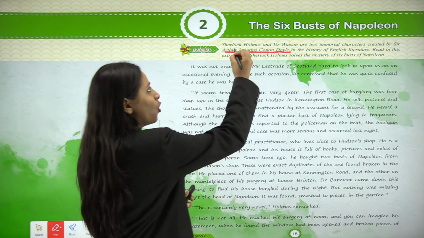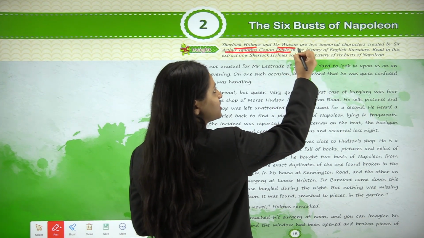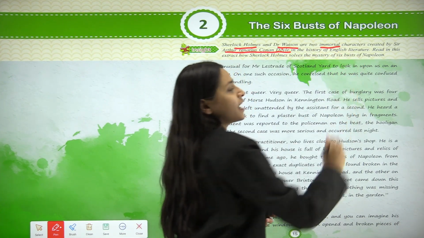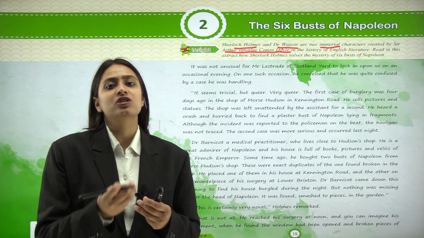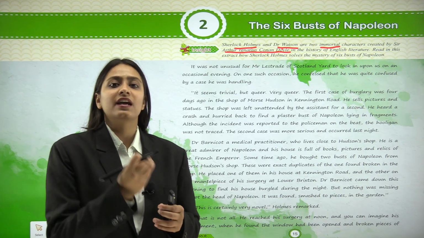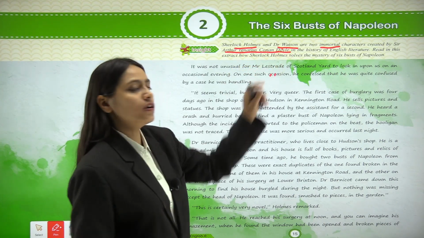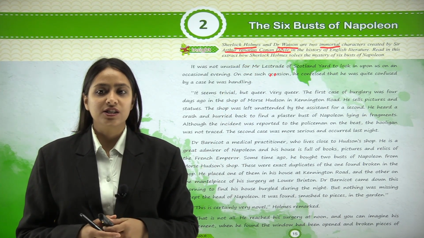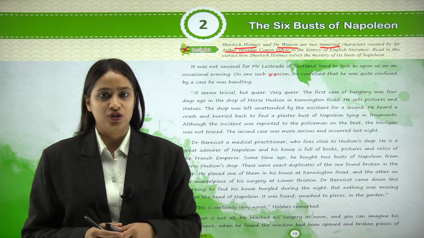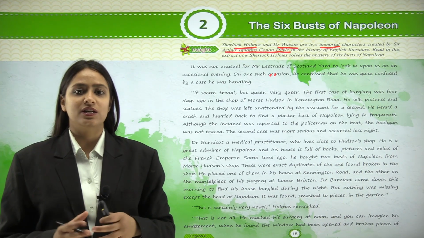So what do we mean by immortal characters, students? They are fictional characters created by Sir Arthur Doyle, who has written this chapter in the history of English literature. So let us start, students, with this chapter.